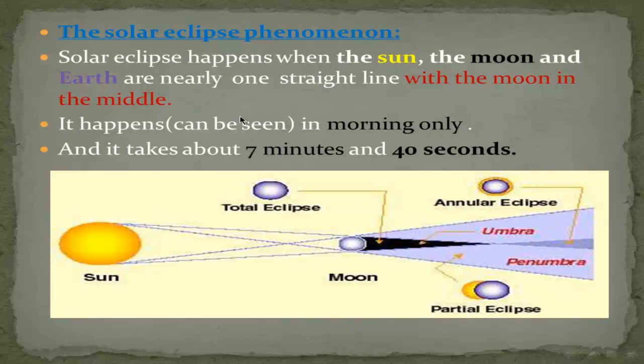We can observe it in the morning only, and we can see day as night. It's the day, but it's dark. Why? Because the Moon in this moment hides the sunlight. What is the duration of solar eclipse? It takes about 7 minutes and 40 seconds. Okay.